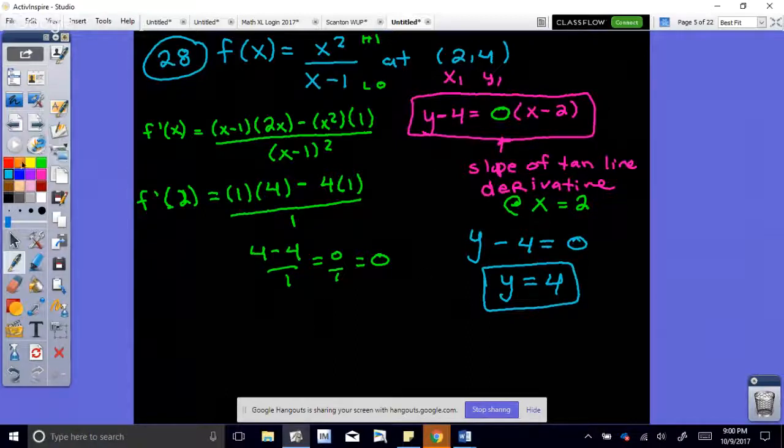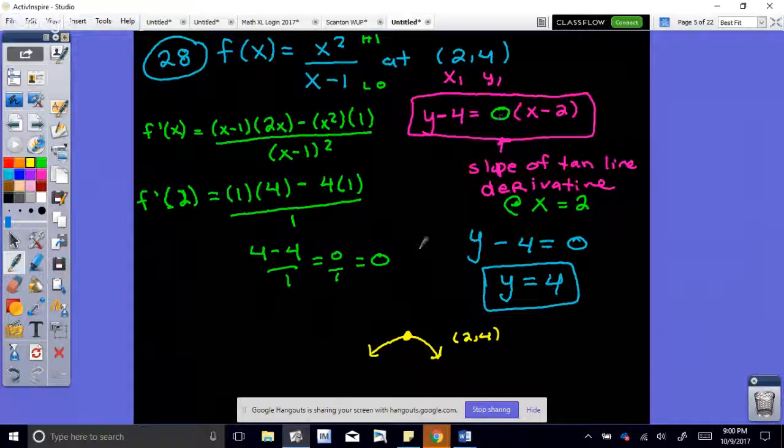Okay, so let's just talk about that. I haven't graphed it, but if I were going to put this in the graphing calculator, and I don't know what the function looks like, but say we have some function. If the slope of the tangent line is 0, so here's the point, we're going to say (2, 4).